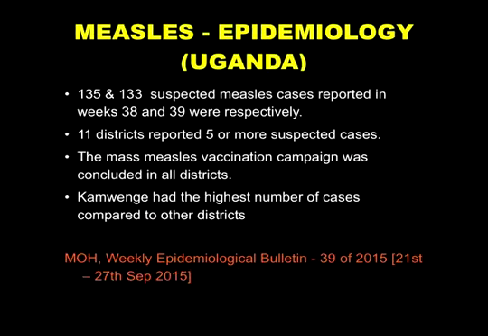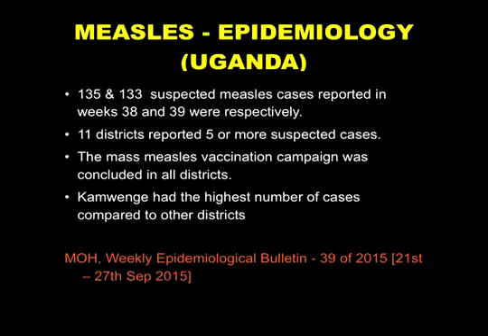In Uganda, we don't have much really, but this is from the weekly epidemiological bulletin for week 39 of 2015, covering the period of 21st to 27th of September this year. In week 38, they had 135, and in week 39, there were 133 suspected cases of measles.